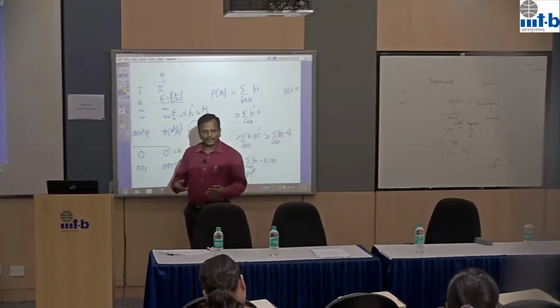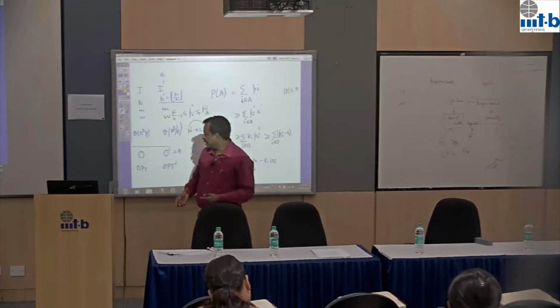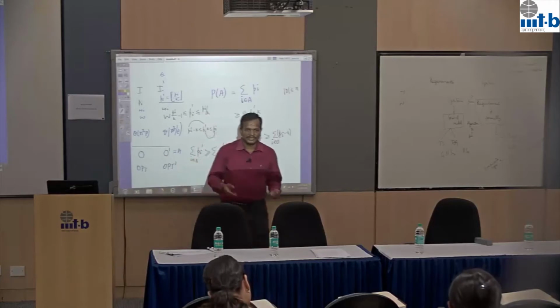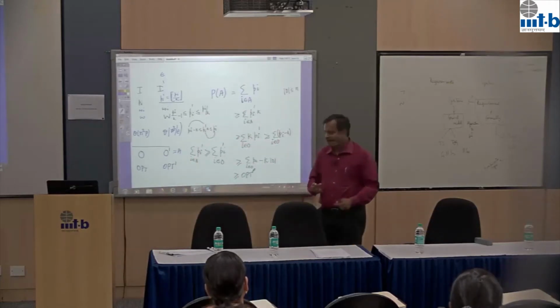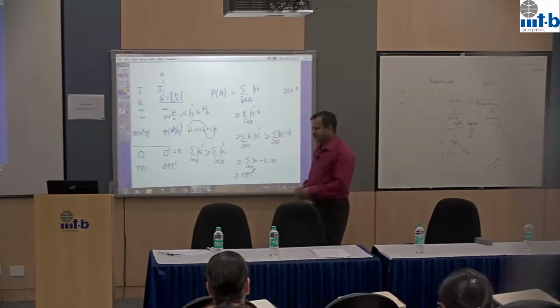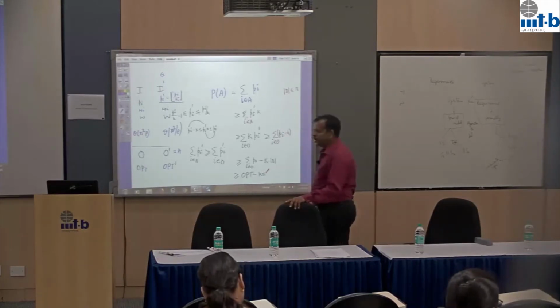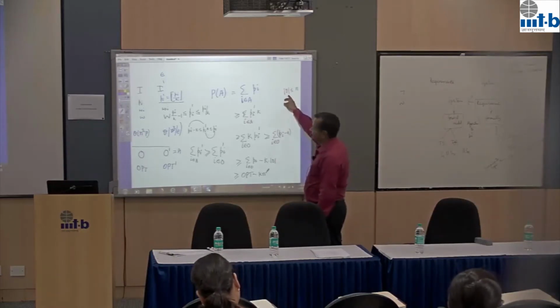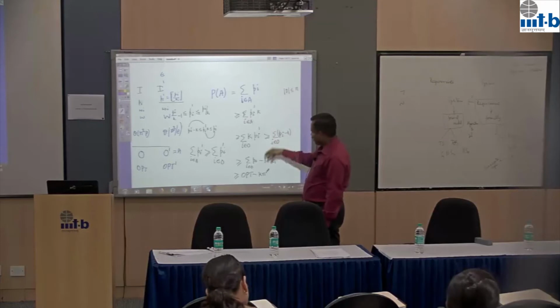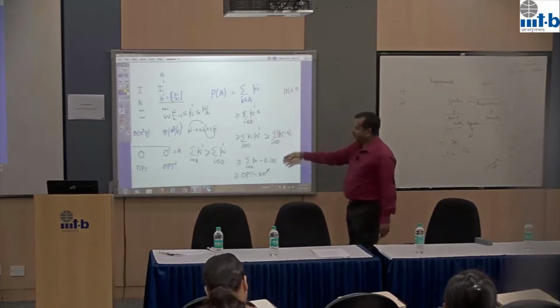Optimum is the maximum profit that you can make. O is the solution which gives you that, so if you just sum the items in this collection, what you get is optimum. Minus K into N. Here I am essentially using that the number of elements in O is smaller than or equal to N. So if you do negation, then this will be greater than or equal to this.